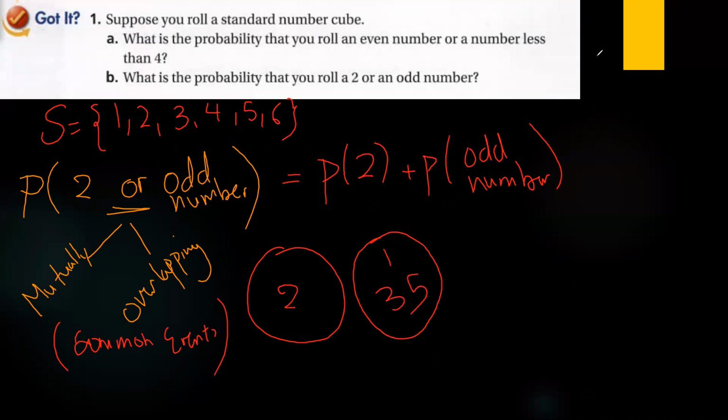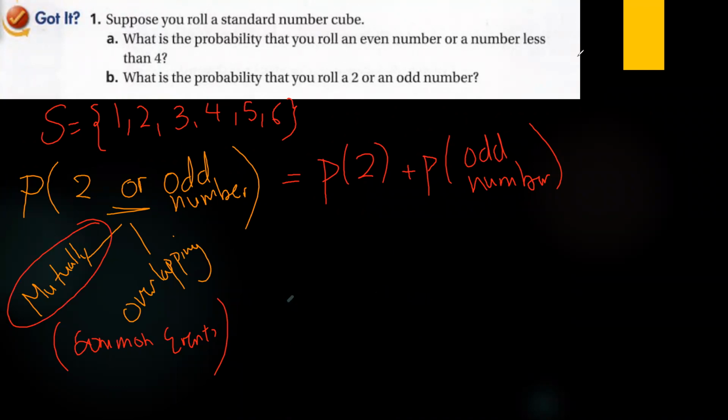So is there a common number between them? No. There's no common number. So that means it is mutually exclusive. Mutually means probability of A plus probability of B. Is it clear?